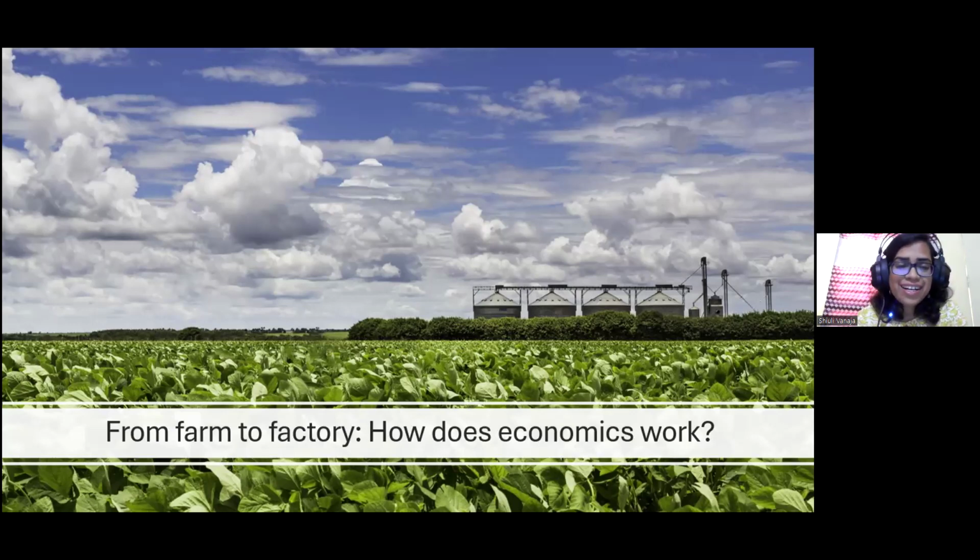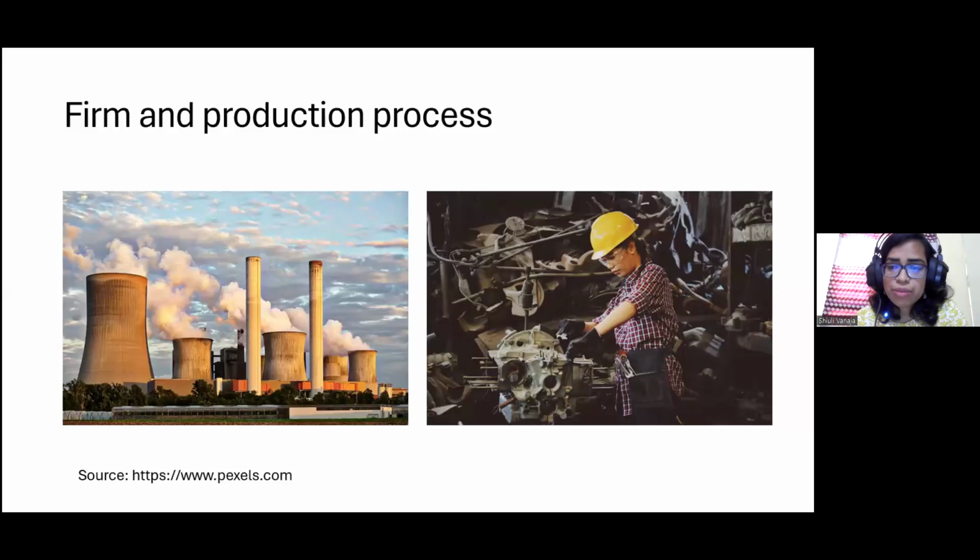Okay, yeah. This is a picture taken from the internet, but you can see there is a farm, an agricultural farm, and on the other side it looks like a factory, right? It's a more concrete picture of a factory. When we say factory or a firm, what comes to our mind?